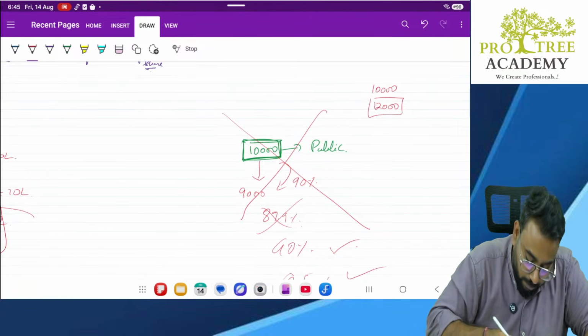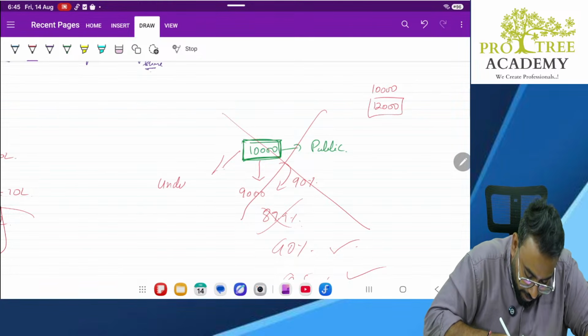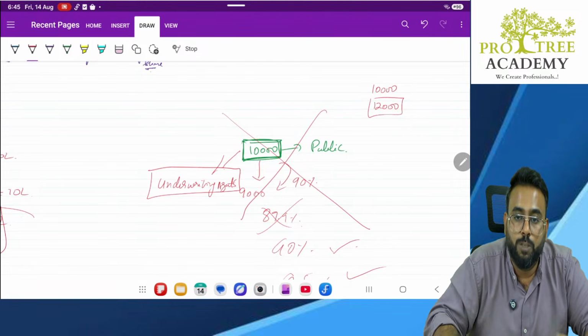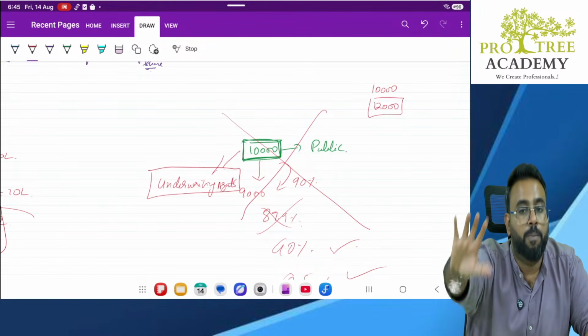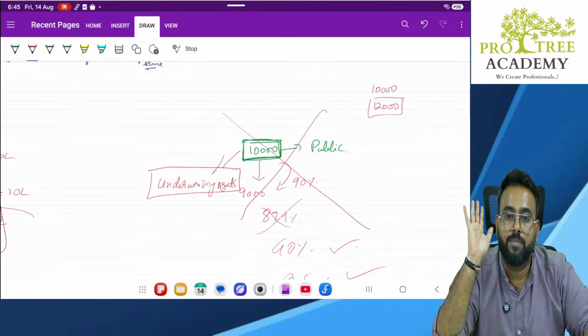So what they do is, there are underwriting agents. Who are these underwriting agents? Underwriting agents are those people who say, if the public doesn't subscribe, then I will subscribe, don't worry.